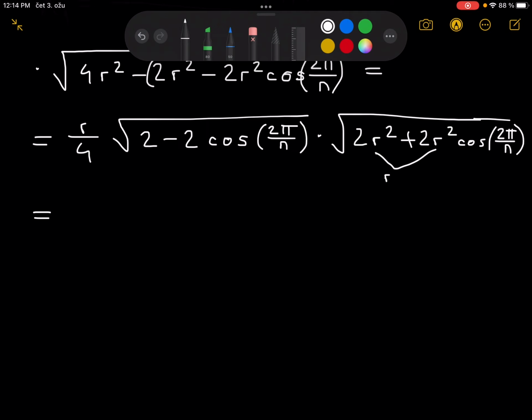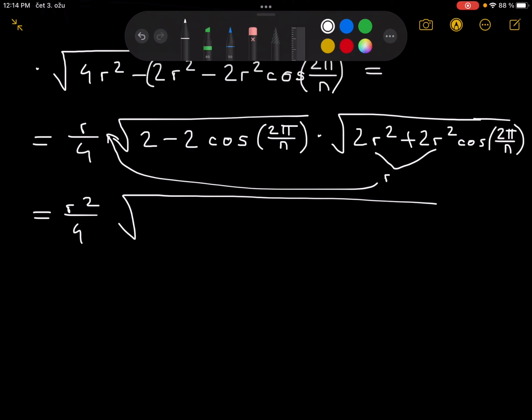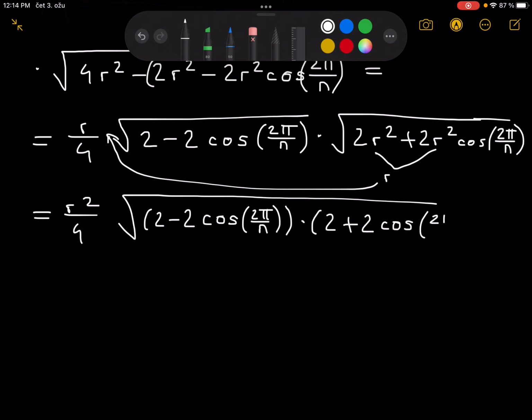But then let's put this r right here, so we'll get r squared over 4, and we can combine these two square roots in the following manner: the square root of 2 minus 2 cosine of 2 pi over n times 2 plus 2 times the cosine of 2 pi over n.